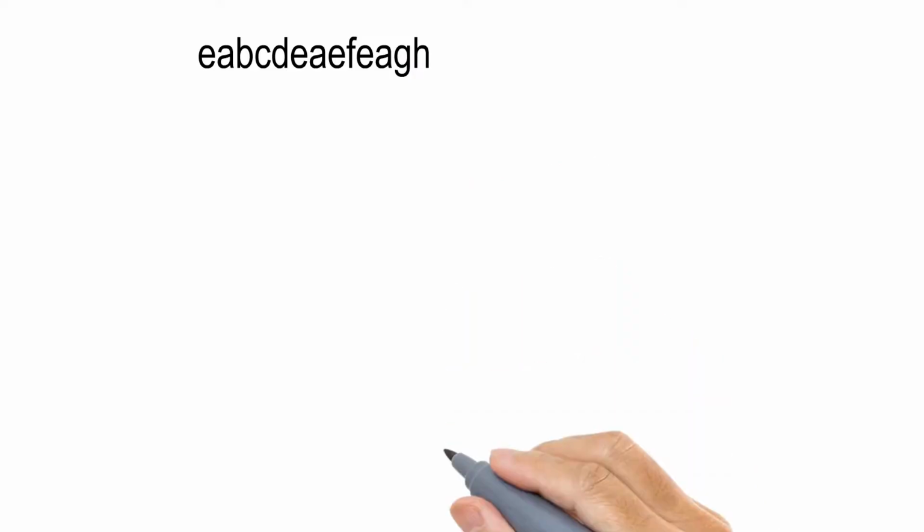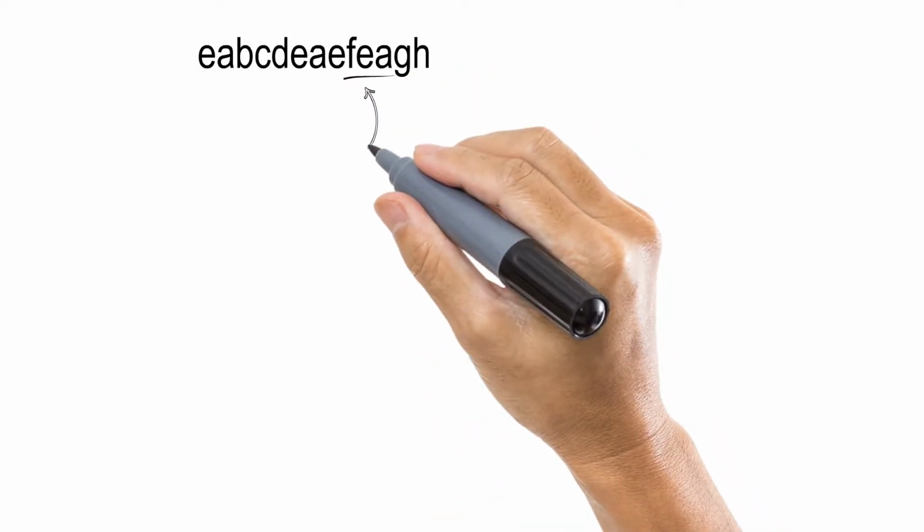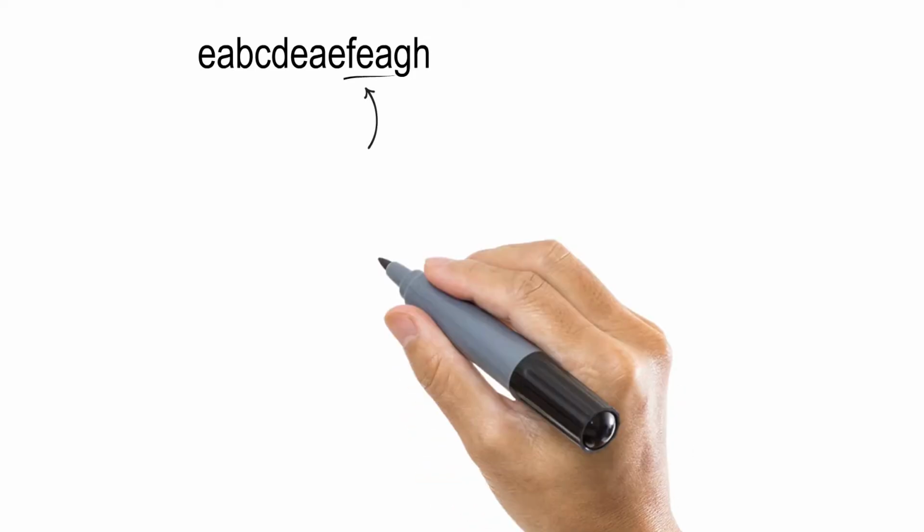Let's say this is the input of our large string and EA is the small string. The last occurrence of EA is over here, and the first element of EA is at position 10.